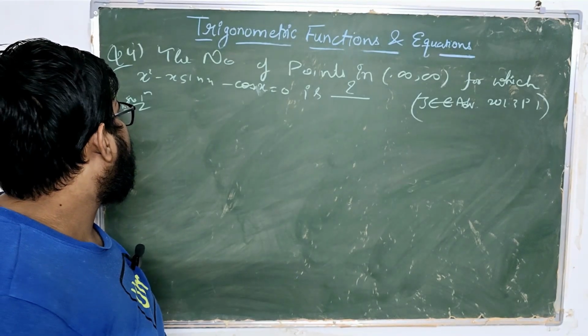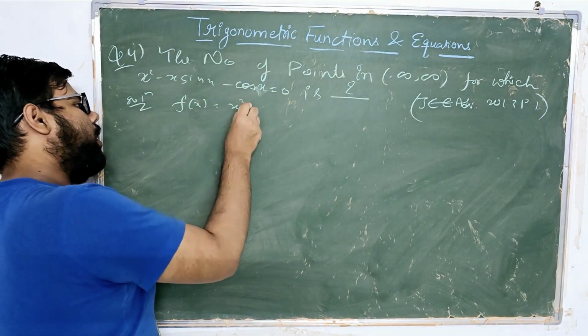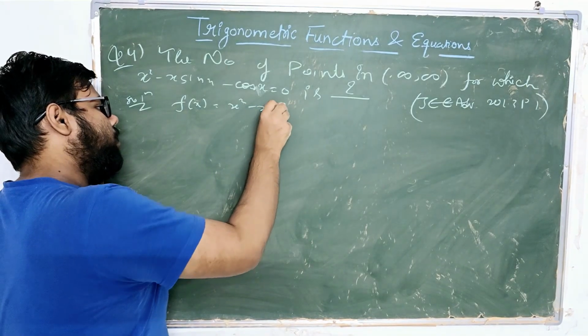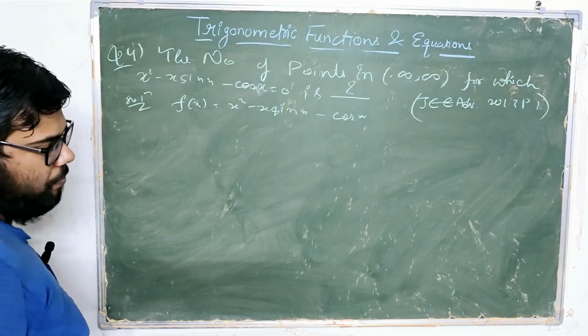So we have the function, let's assume it as f(x) equal to x square minus x sine x minus cos of x, correct?